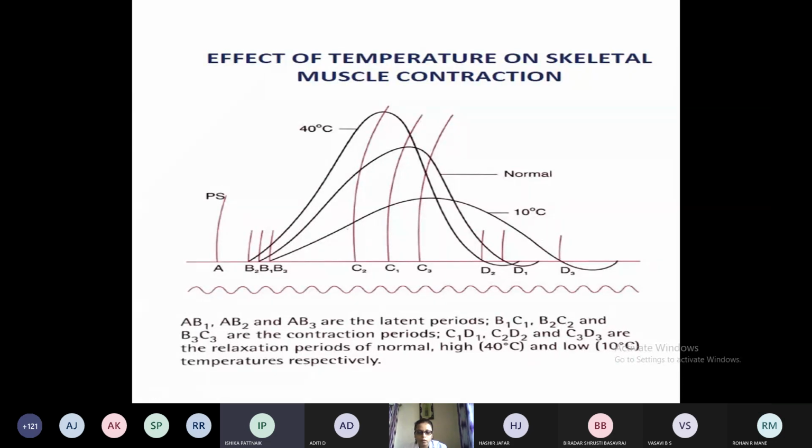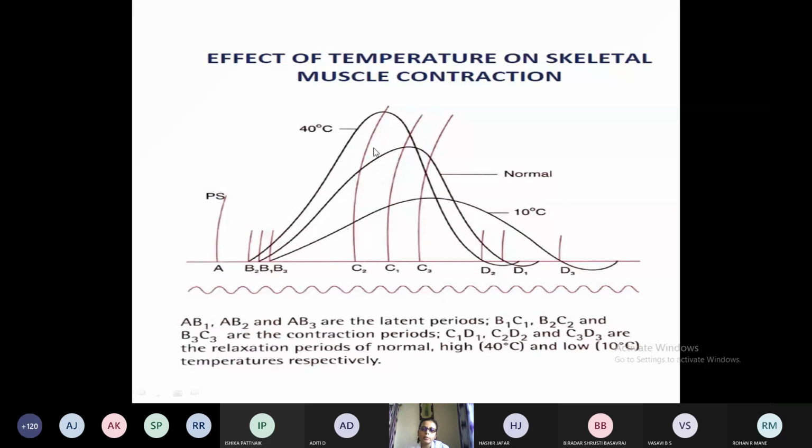Now concentrate over here. We are getting three curves with different levels; the heights, the amplitudes of the curves are different. When we use the high temperature, the curve is the highest one, the uppermost curve.